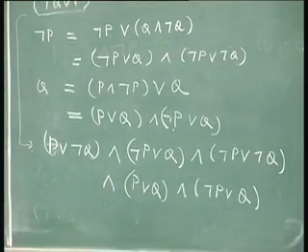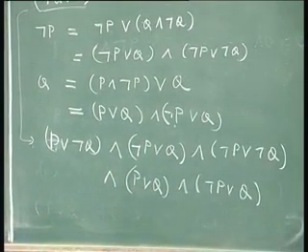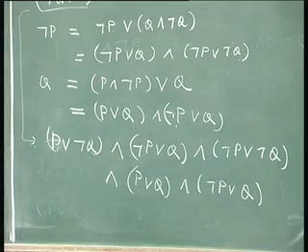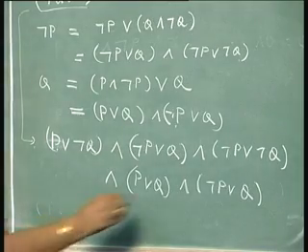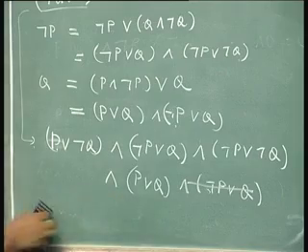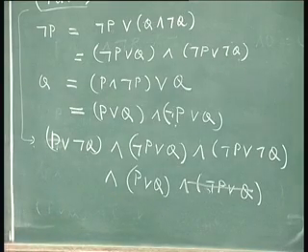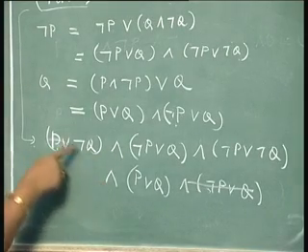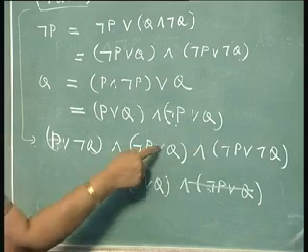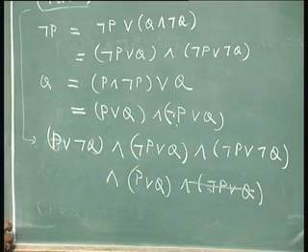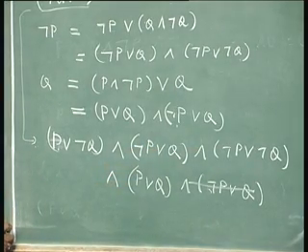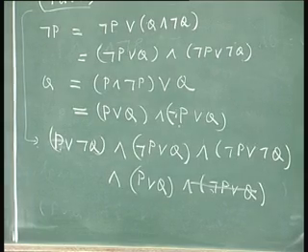It is not necessary to write twice. So probably you can remove this. So you have the conjunction of max terms. Each is a max term. This is the principal conjunctive normal form.